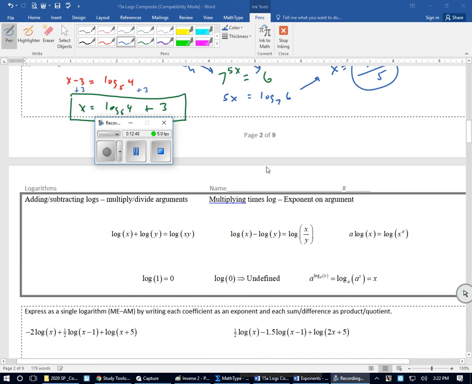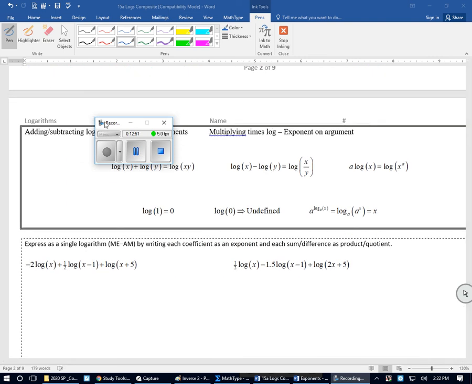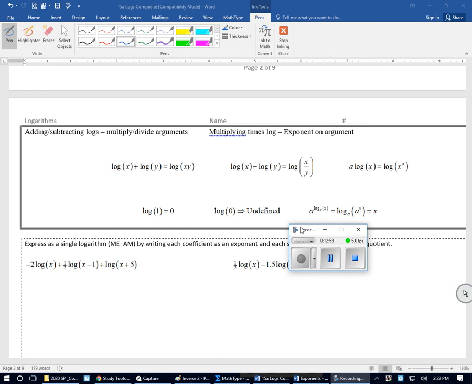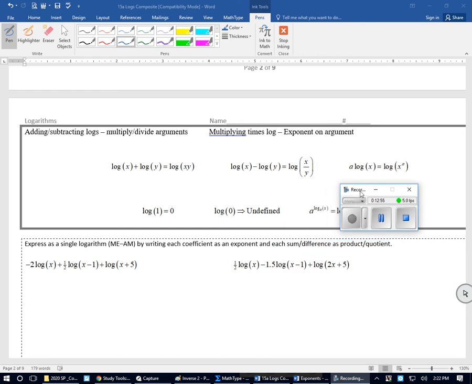All right, so let's look at some things we can do with logarithms. Since logarithms are exponents, if you're multiplying the bases, you can add the logarithms. Inversely, if you're adding the logarithms, you can multiply the bases. Same thing, if you're subtracting logarithms, you can divide bases.